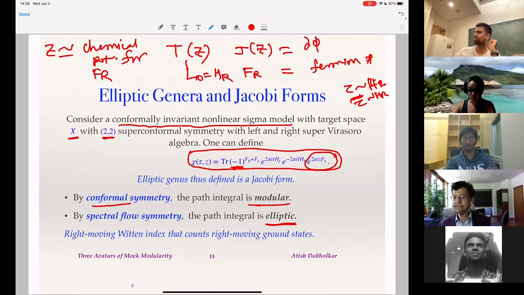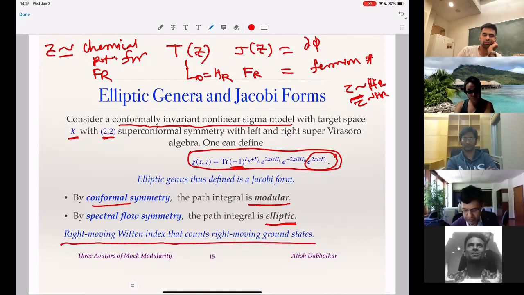And since the elliptic genus is a very important object in understanding the topology of manifolds like K3 and so on, elliptic genera naturally occur in the context of topology. You can also think of it from a physics point of view as a right-moving Witten index that counts the right-moving ground states, because if you look at this, only the left movers have a chemical potential.